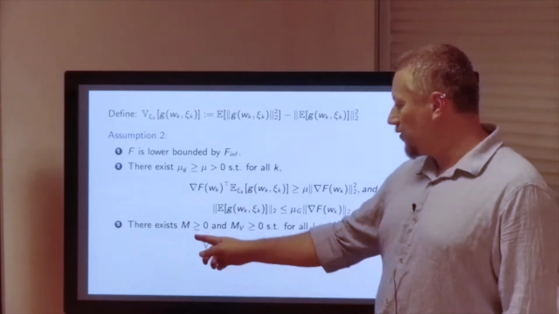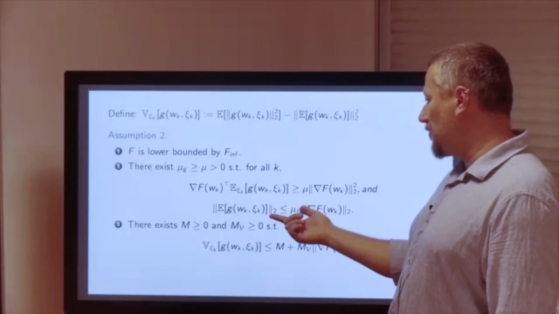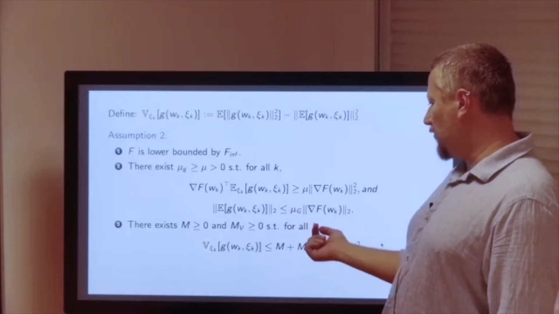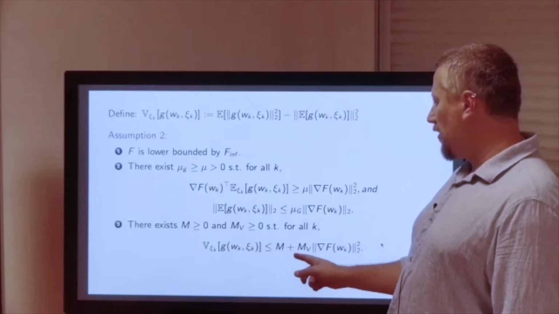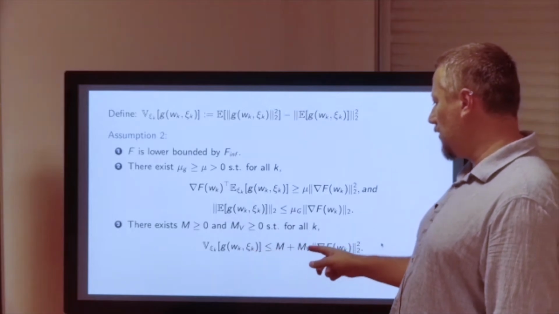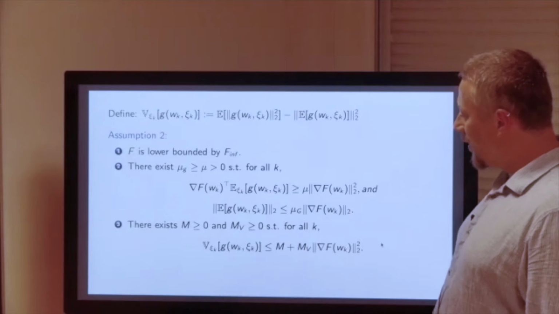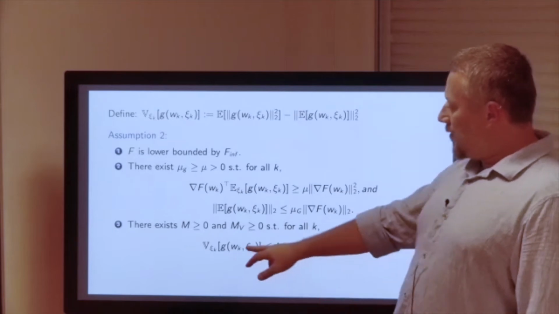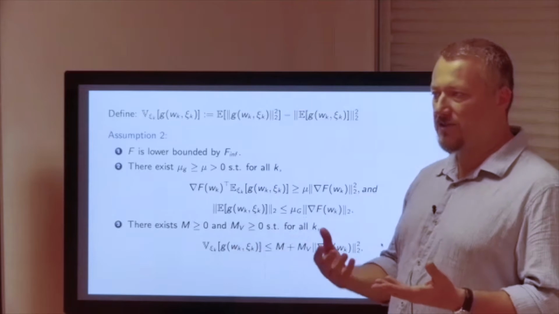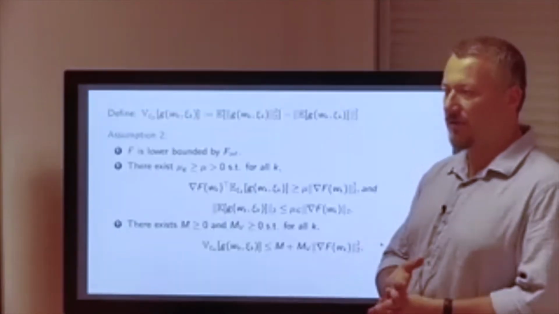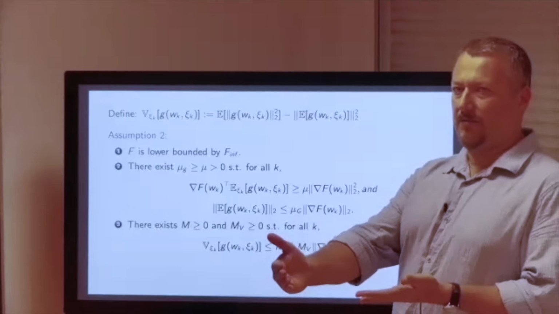And then we want two non-negative constants M and M_V such that for all k, the variance of this G is smaller than or equal to M plus M_V times the squared norm of the full gradient. And again, G here does not stand for just the mini-batch gradient or stochastic gradient, but it stands for H_k times the gradient.